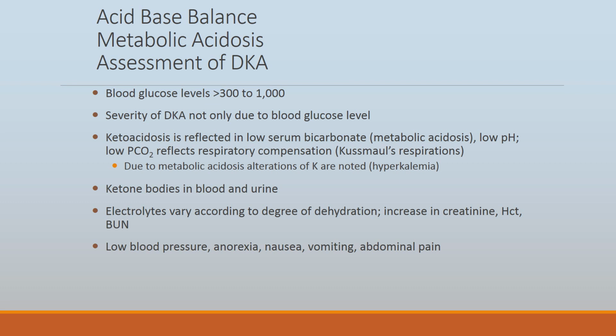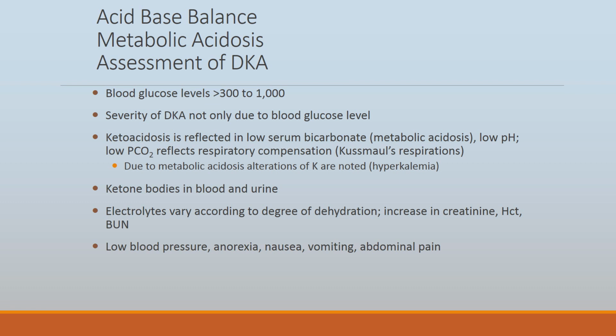So with DKA, our body's not recognizing that, due to the lack of insulin, our cells aren't getting the sugar. So let's get the liver involved. The liver releases the glycogen, and what's released with the glycogen is what's called a ketone, a keto acid.